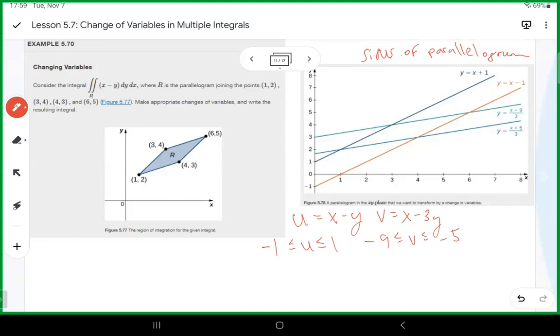So, show you that. We multiply the first by 3 and subtract the second. So 3u minus v equals 3x minus 3y minus x minus 3y. So that'll give us 2x.